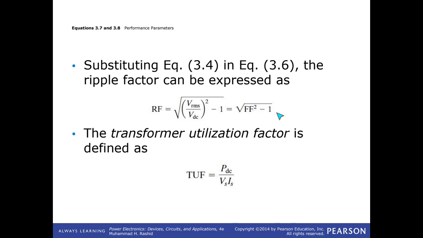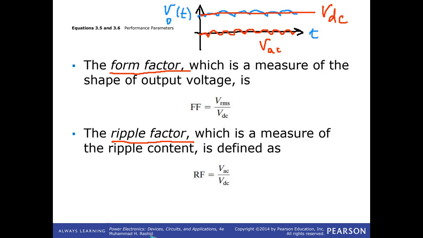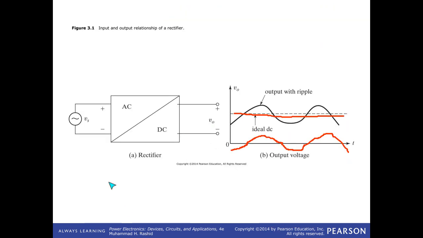There is another one. Generally, in front of the rectifiers, we use transformers. So transformer utilization factor is the output pure DC over input. Now we are involving input. In input, we have current called IS. Burada blue kullanmamışım. Blue'yu kullanayım. Blue color I'm going to use.